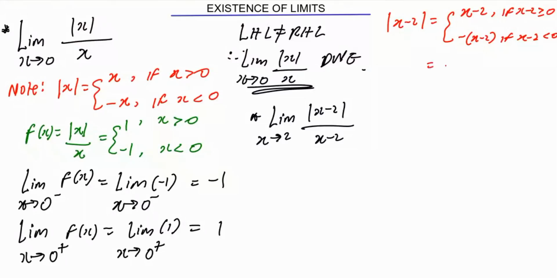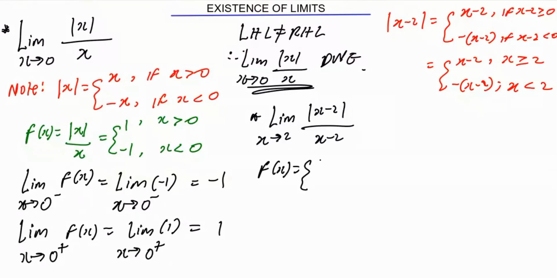And if I want to rewrite it, I'll have x minus 2 if x is greater than or equal to 2, if I solve the inequality, and here minus x minus 2 if x is less than 2. So this is what I have. So I can redefine this function.